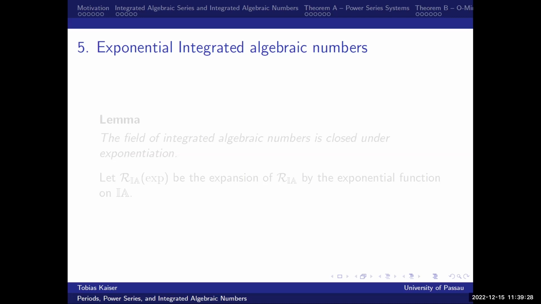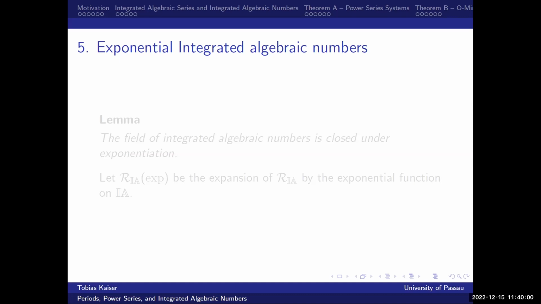Next step, what I call exponential integrated algebraic numbers. Well, we have seen that the field of integrated algebraic numbers is closed under the logarithm because we have the logarithmic series in there. But recall the integrated algebraic power series form an analysis system.